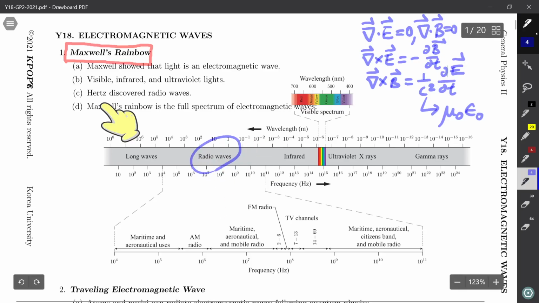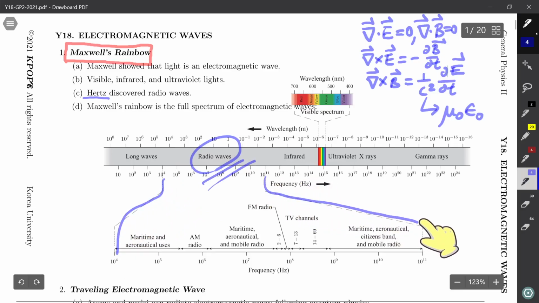The radio wave was discovered by Hertz. The Maxwell's rainbow is the full spectrum of electromagnetic waves. And radio waves are widely divided into various spectrum.